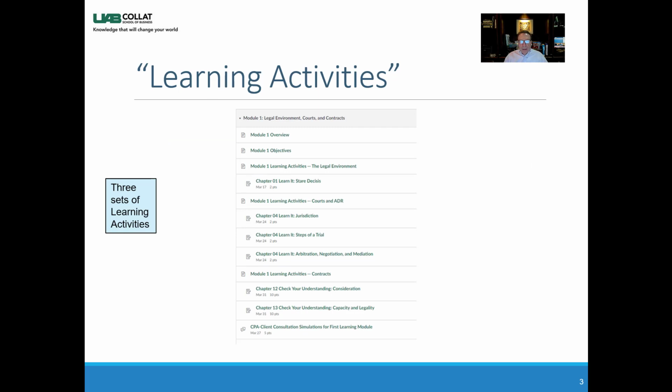Every week we will be doing different learning activities. In Module 1 you can see that we have several sets of learning activities. In this very first week we will be looking at the legal environment, but the second week of the course, which is actually delayed by a week for spring break, we'll be looking at courts and alternative dispute resolution.